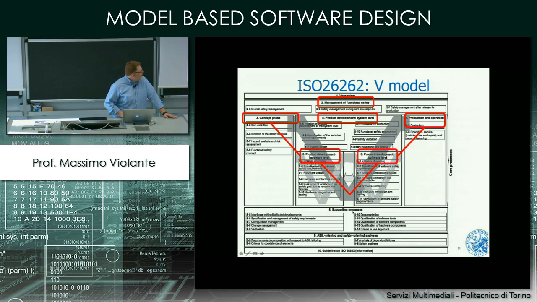This is a schematic representation of the documents that are in the standard. If you go to the ISO.org webpage, you can find the different documents that compose the standard, and you will see that the standard is divided into 10 documents, 10 parts.